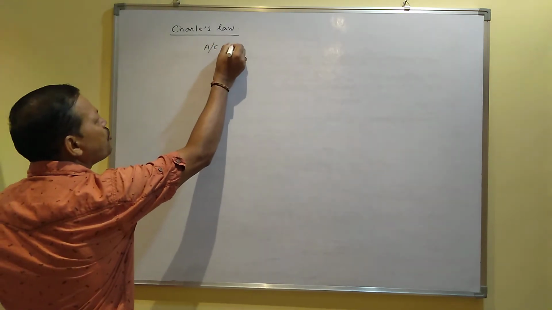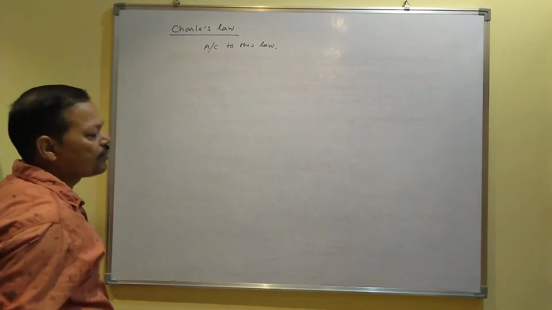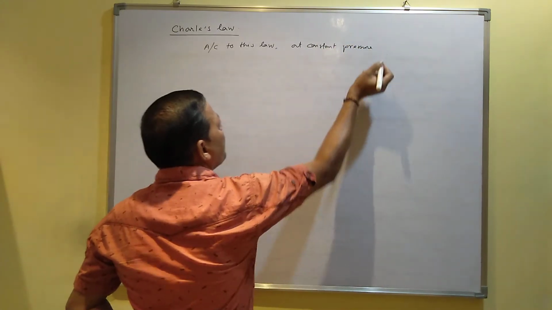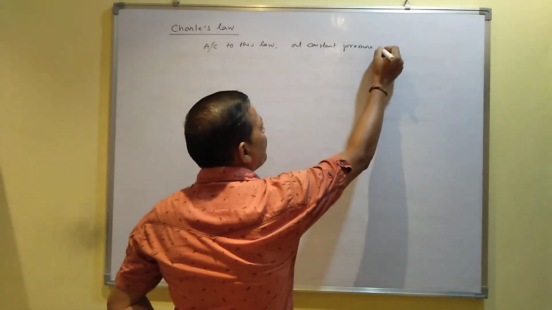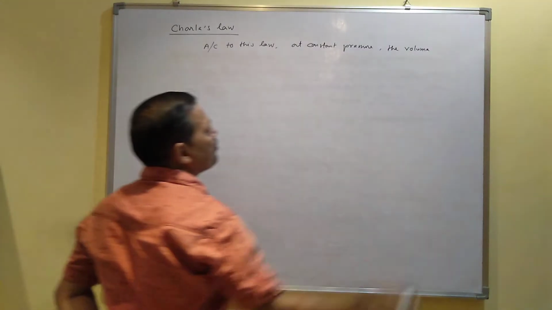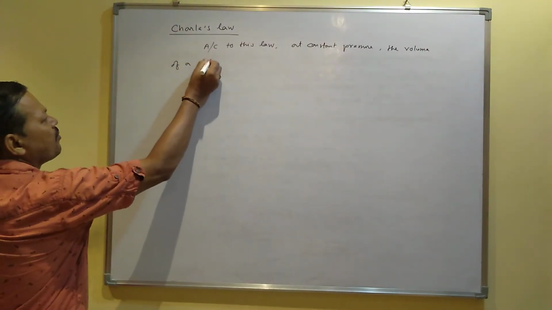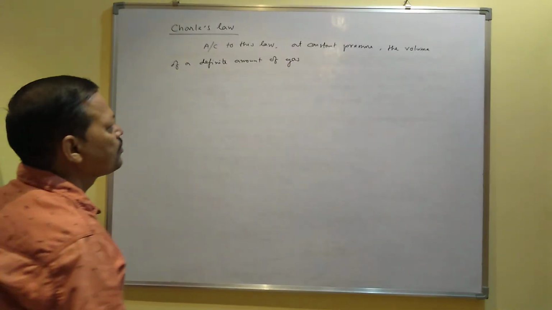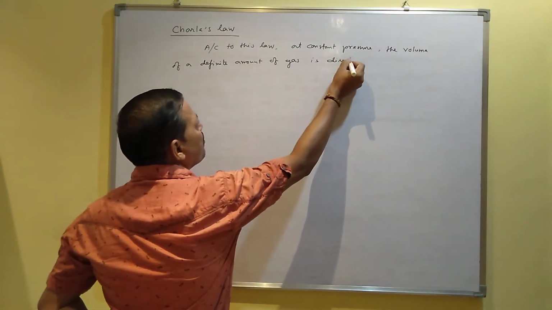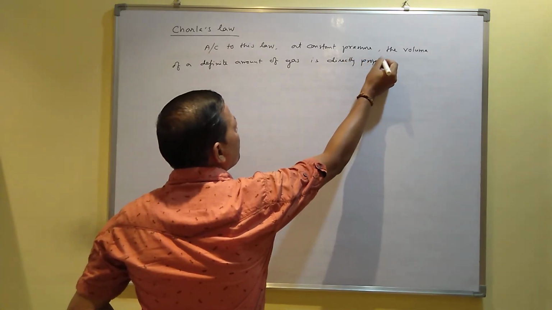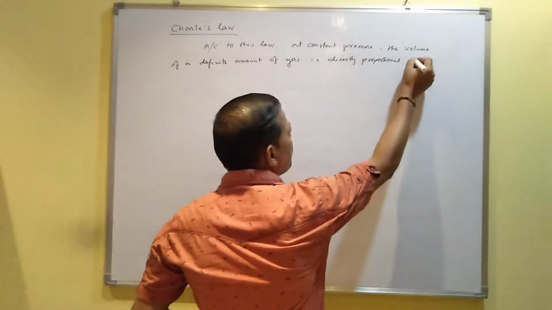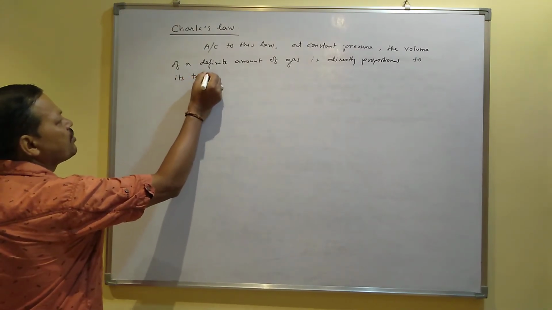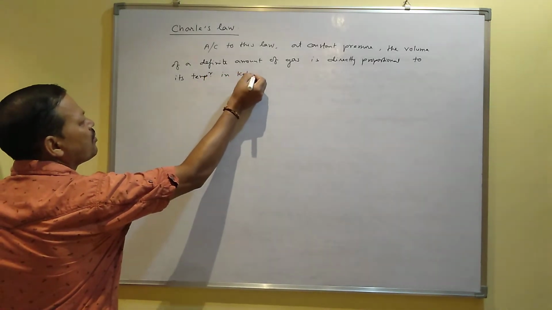So according to this law, at constant pressure, the volume of a definite amount of gas is directly proportional to its temperature in Kelvin scale.